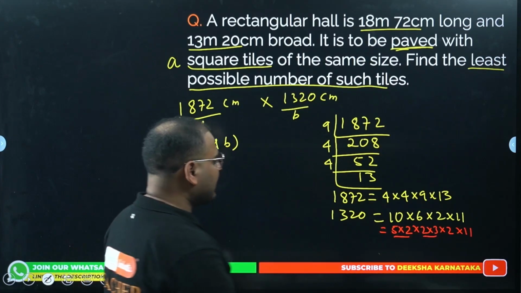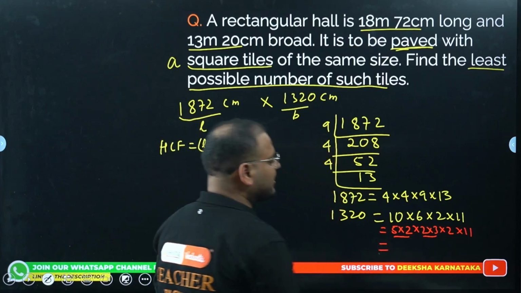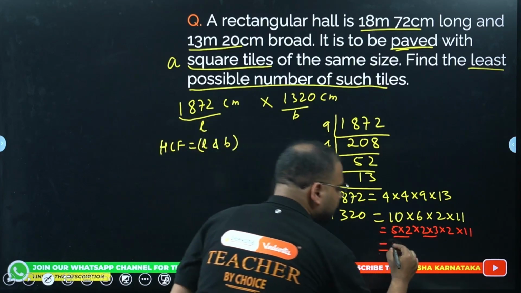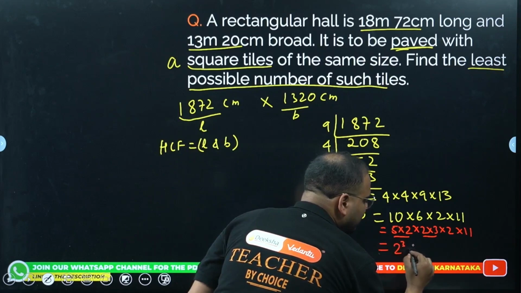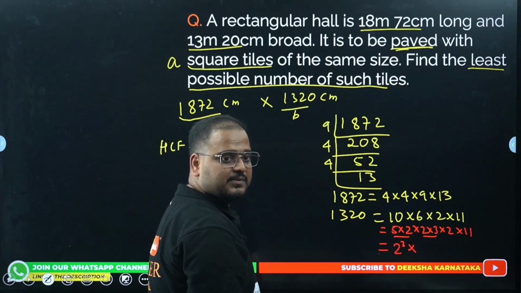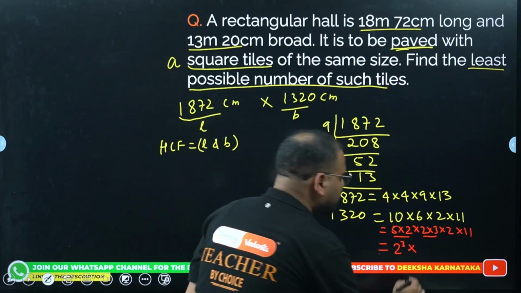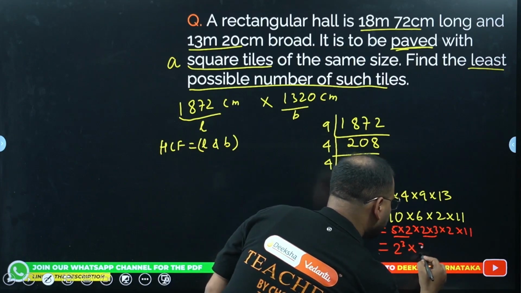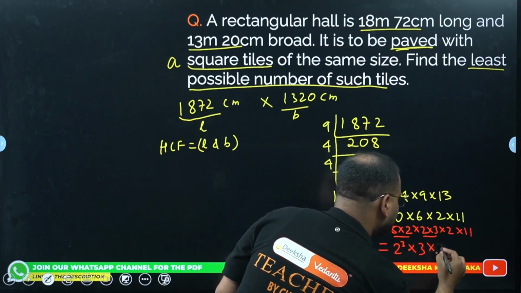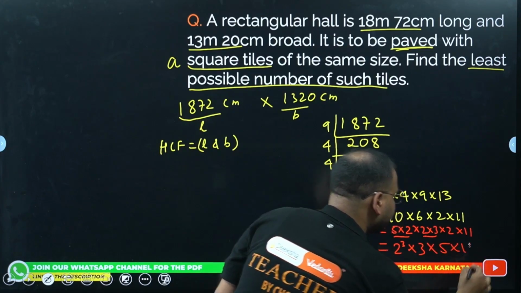Okay. So I can write this in prime factor form: 2 power 3 times 3 times 5 times 11. This is visible, right? 2 power 3 times 3 times 5 times 11.